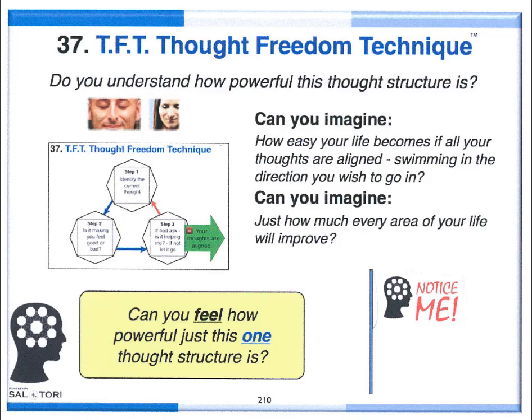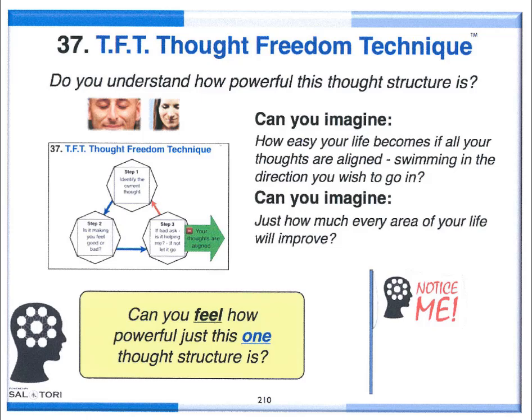Now we're going to do a little bit of imagination. Can you imagine how easy your life becomes if all your thoughts are aligned and they're all swimming in the direction you wish to go in? Can you imagine how easy your life becomes just by you identifying the bad ones, rationalising them, letting them go? Can you see yourself just noticing your thoughts?